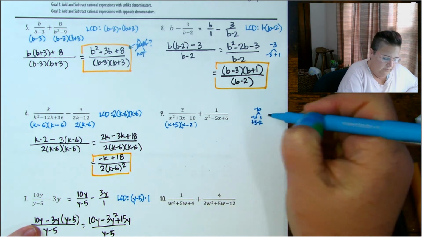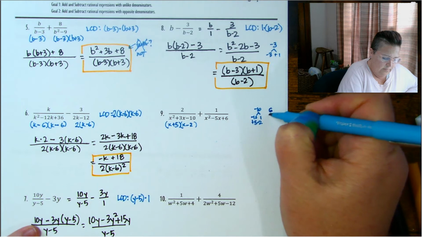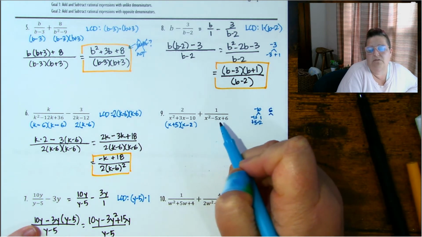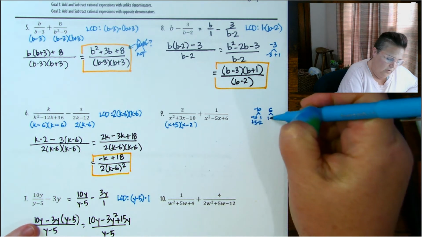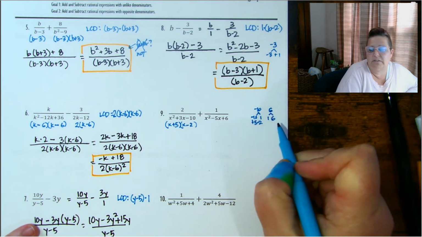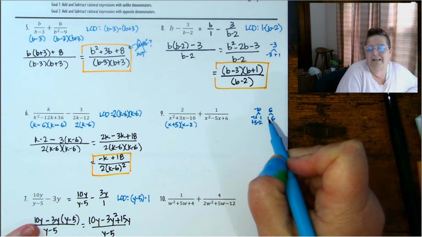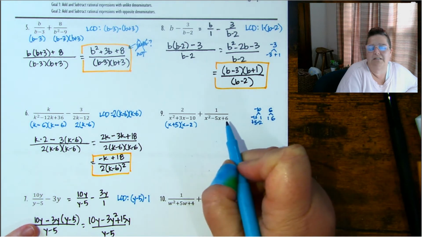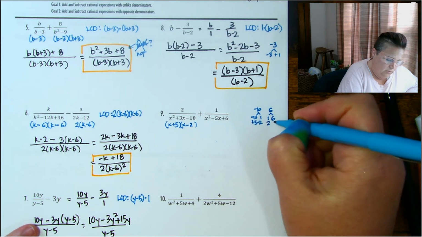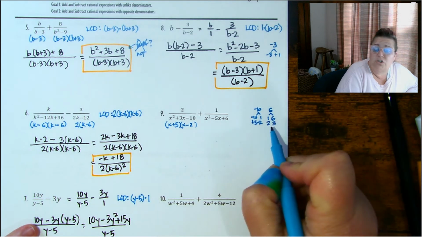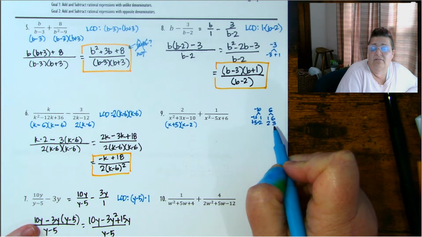Similarly, for a positive 6, are there two numbers that multiply to give you a positive 6, but when added give you a negative 5? 1 and 6 have a difference of 5. But I can't have different signs because that 6 is positive. So that won't work. 2 and 3 do add to be 5.